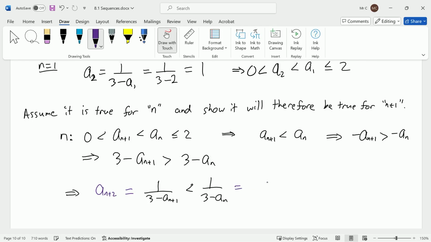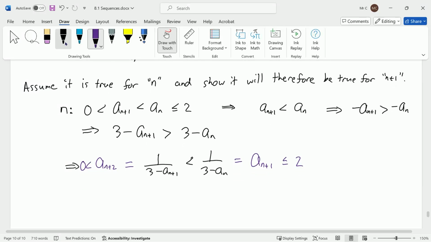And this expression here is a sub n plus 1. Now we already know that a sub n plus 1 is less than or equal to 2. And we also know that a sub n plus 1 is positive and less than 2. So 1 over 3 minus that is also positive. So this is greater than 0.